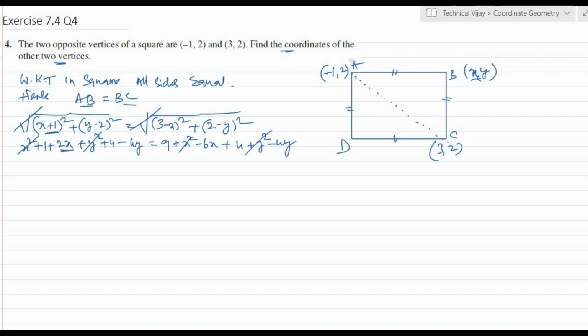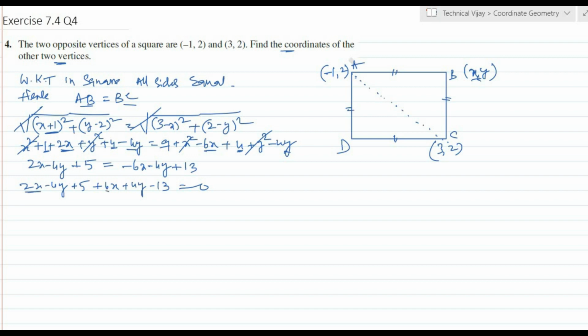So here x square cancels, y square cancels. So remaining will be 2x minus 4y. After that 4 and 1, that is plus 5, is equal to minus 6x minus 4y, and over this side 4 and 9, that is plus 13. So now 2x minus 4y plus 5 plus 6x plus 4y minus 13 equal to 0.